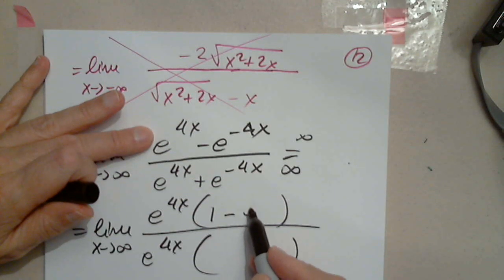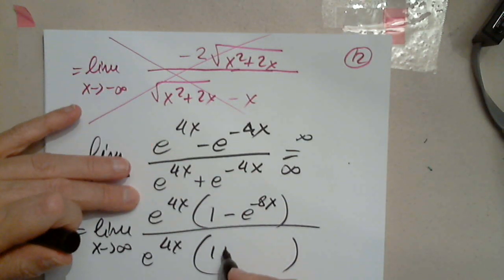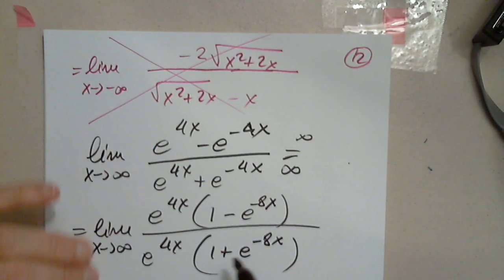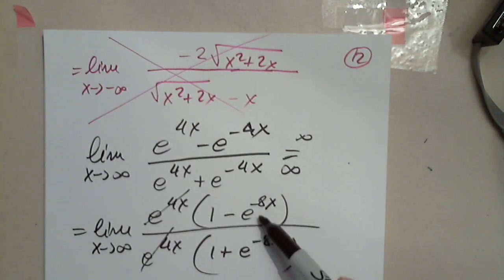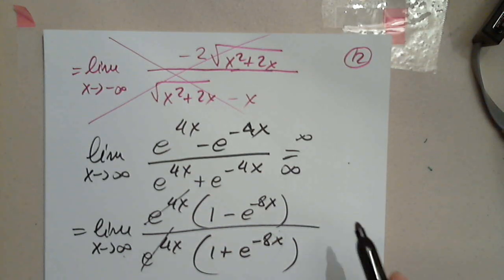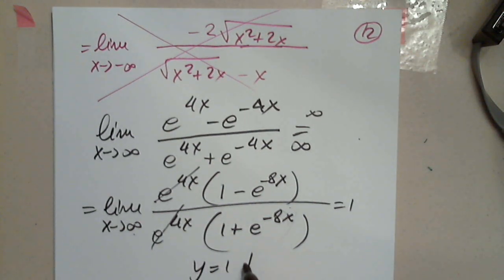And then you get 1 minus e to -8x and 1 plus e to -8x. These two go away. This approaches 0 because it's negative when x approaches infinity, and the answer is 1. So y equals 1, horizontal asymptote at infinity.